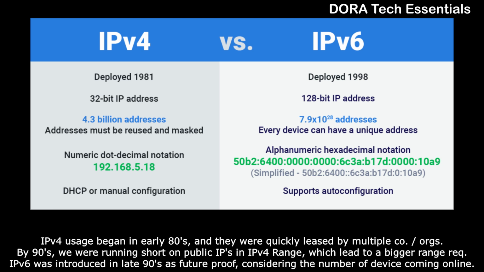IPv4 usage began in the early 80s, and the addresses were quickly leased by multiple companies and organizations. By the 90s, we were running short on public IPs in the IPv4 range, which led to a requirement for a bigger range.